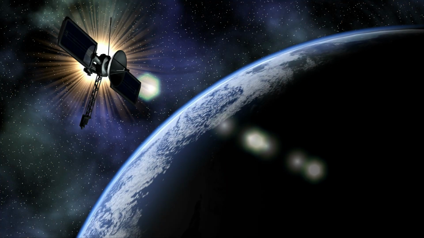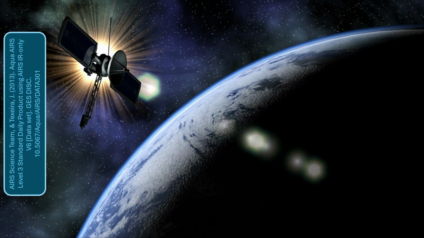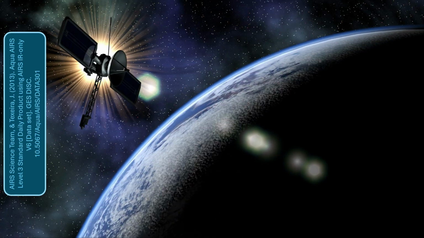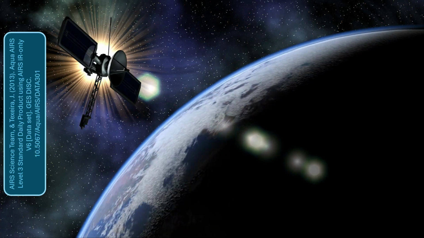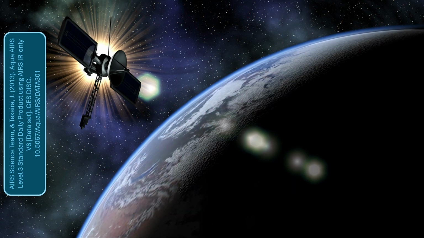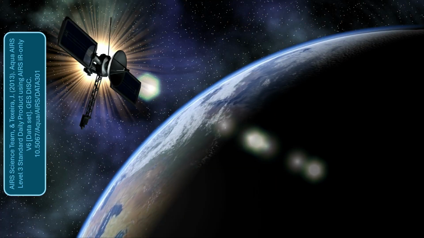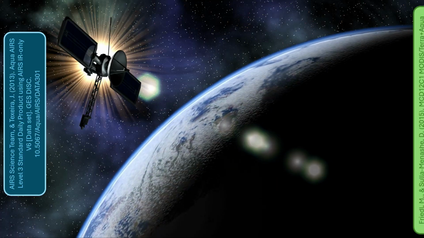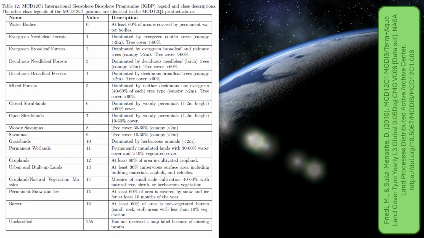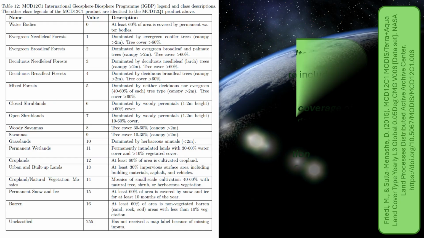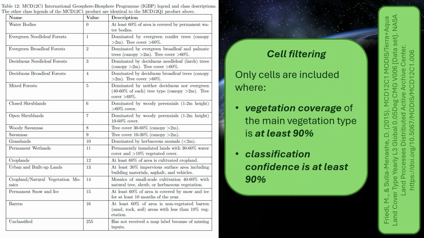Satellite instruments such as NASA's Atmospheric Infrared Sounder, AIRS, allow us to measure outgoing radiation across different regions of the planet. Using a method similar to that described in Part 6, these observations can be combined with vegetation data from NASA's MODIS dataset. By selecting grid cells with high confidence and dominant vegetation coverage, and then analyzing their outgoing radiation, we can construct characteristic radiation patterns for different biome types.